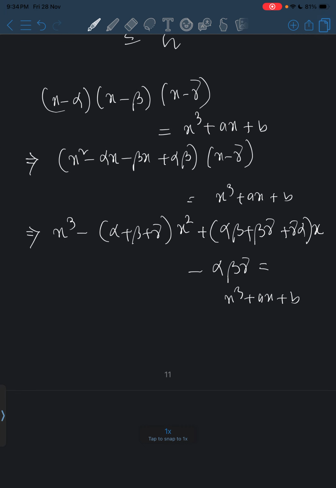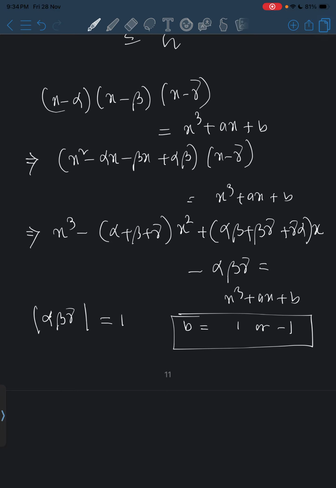So one real root is there, right? So then, since all the roots are on the unit circle, the modulus of the product is 1. So then b equals 1 or minus 1, the first thing.